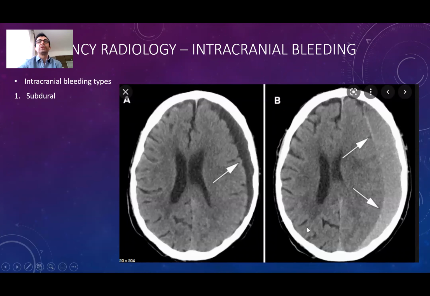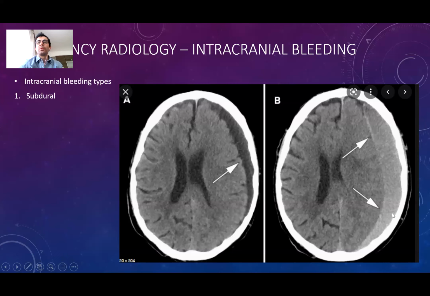When it is below the dura, it doesn't have an acute angulation with the bone. It can go through the sutures, so it can start from the parietal bone and go to the frontal bone and the occipital bone, which rarely happens in epidural hematomas. If it is usually very flat and going all the way to the other bones, we can call it subdural.